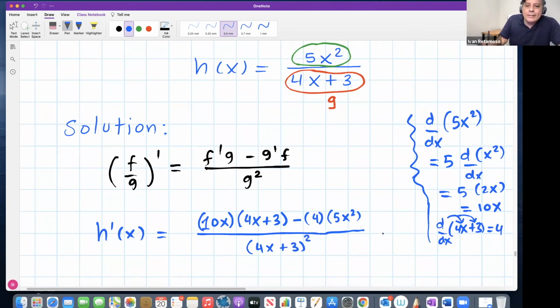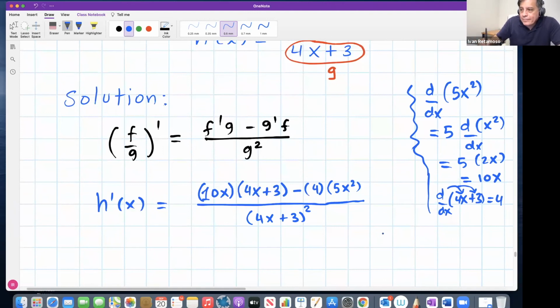And here, guys, an important hint. I'm going to write this as a note: keep the denominator in factor form.